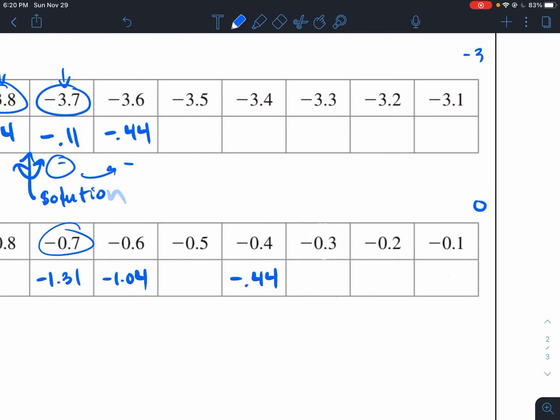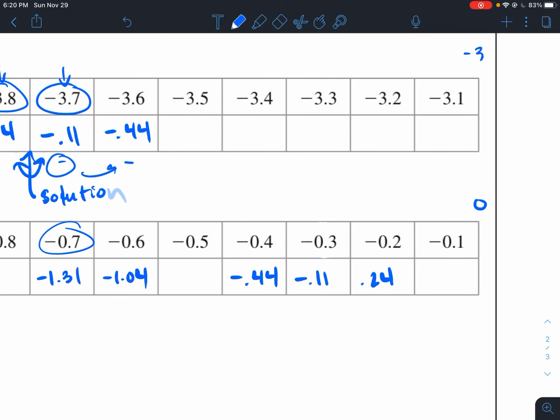Now let's try negative 0.3. Here I get negative 0.11. Now let's try plugging in negative 0.2. Here I get 0.24. So you can see here I went from a negative to a positive number.